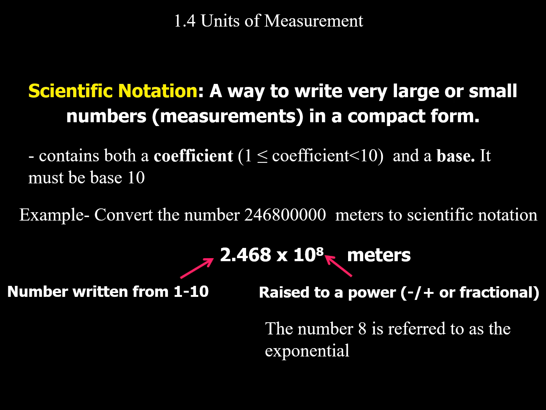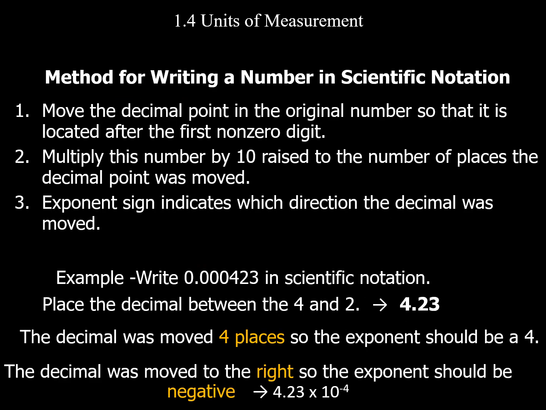In this case, we have here 2.468 times 10 to the 8 meters. The number in the front, the coefficient, should always be between 1 and 10. That's the standard way of writing scientific notation. And the 8 here refers to the exponent. So let's look at the example here.